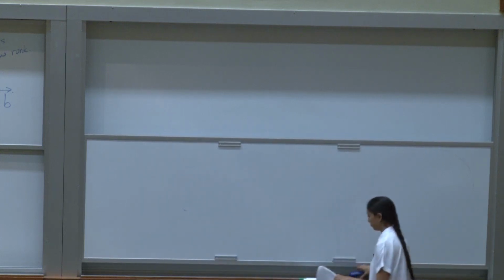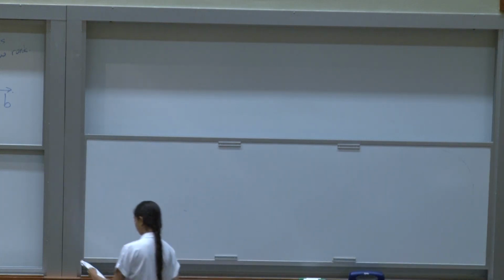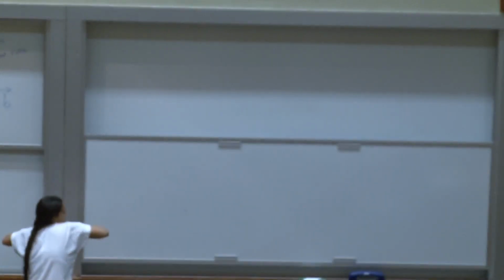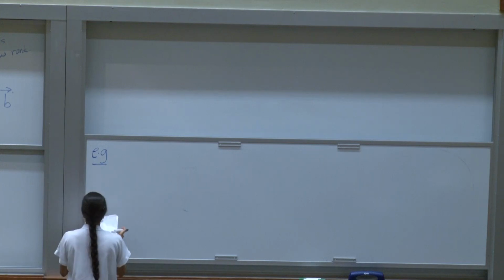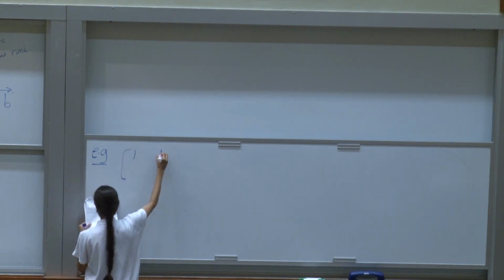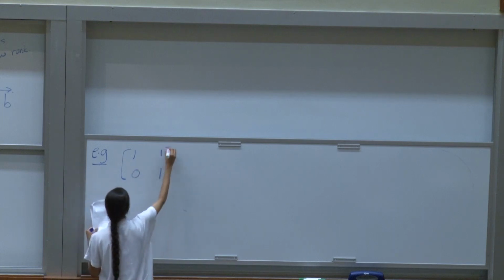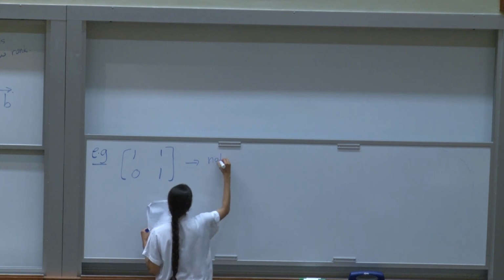So in general, are matrices always diagonalizable? In general, a matrix need not be diagonalizable, right? So for example, if I consider the matrix 1, 1, 0, 1, this is not a diagonalizable matrix.